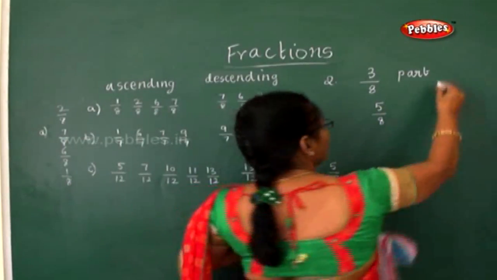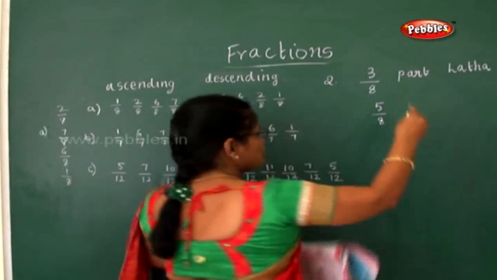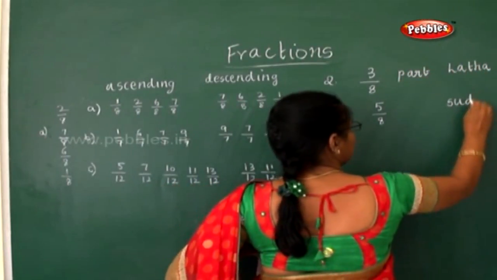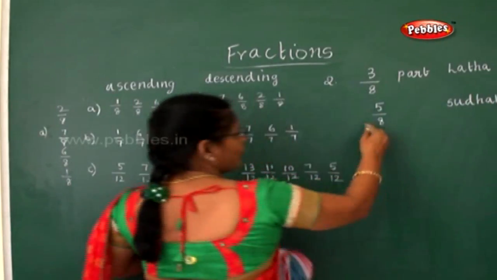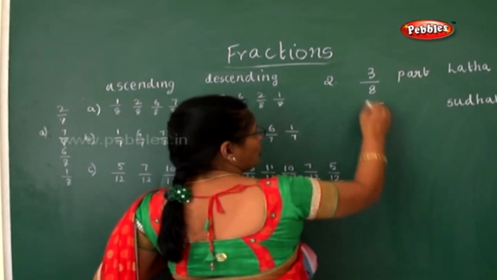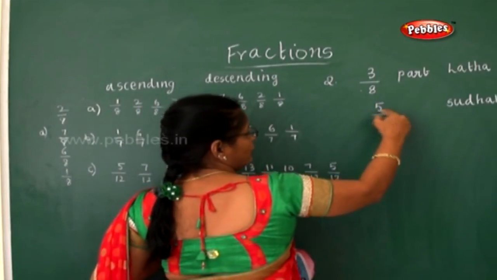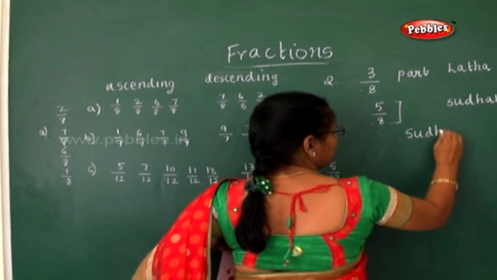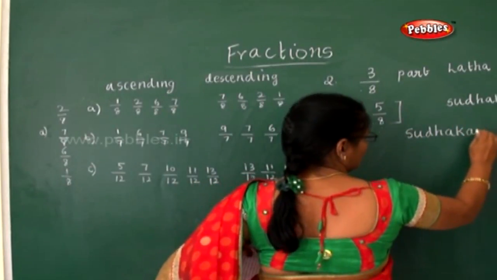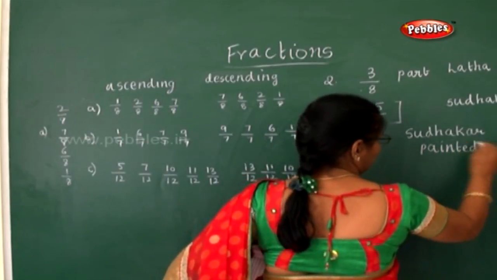So Lata painted 3 by 8 and Sudhakar painted 5 by 8. So who painted more here? It is 5 by 8, because the denominator is the same but the numerator is more. So 5 by 8 is more. So Sudhakar painted more with 5 by 8.